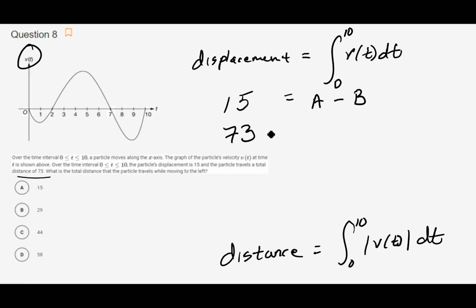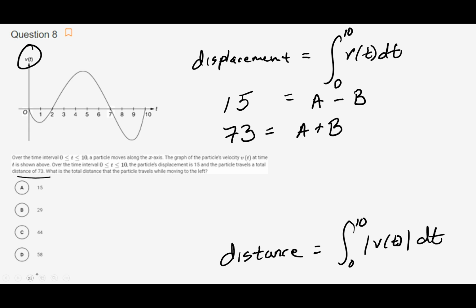So I can think of 73 will be my area above, and then I'm going to add my area below to this. Okay, because I'm not going to treat the area below as a negative, so I'm going to take all my areas and add them up. So we know displacement will be 15, but then total distance will be 73.